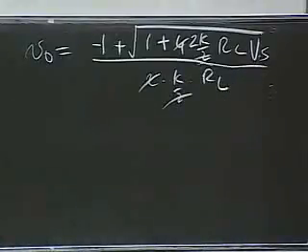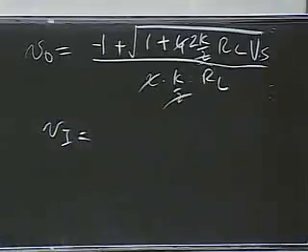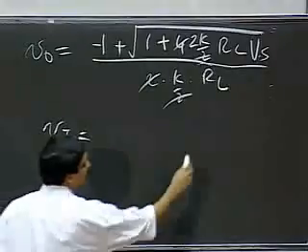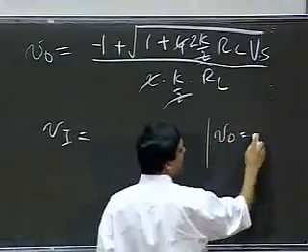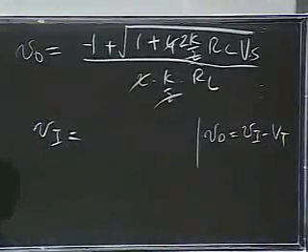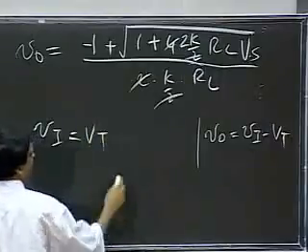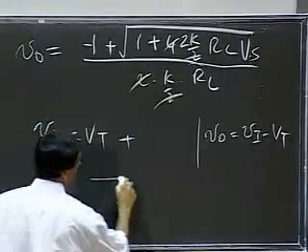Okay, so that's my V naught. So what's Vi equal to? Okay, remember that at this point V naught equals Vi minus Vt. Okay, so Vi is simply Vt plus V naught.